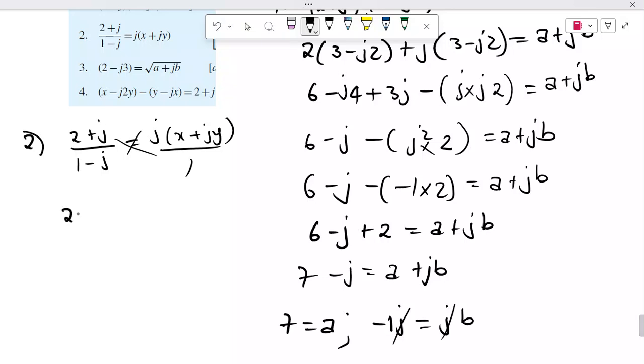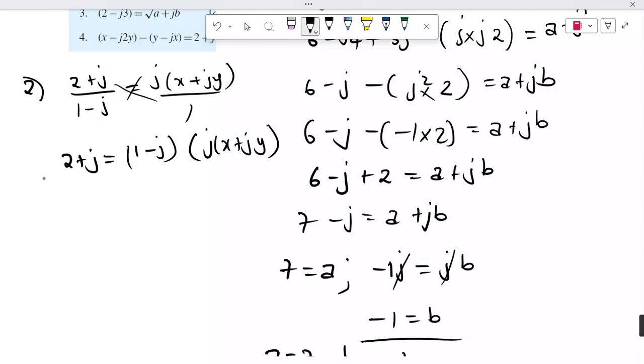Directly you have 2 plus j multiplied by 1, then 1 minus j multiplied by this jx plus jy. So here we have 2 plus j equal to 1 multiplied by jx plus jy.